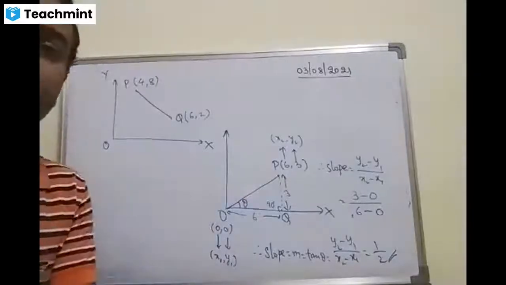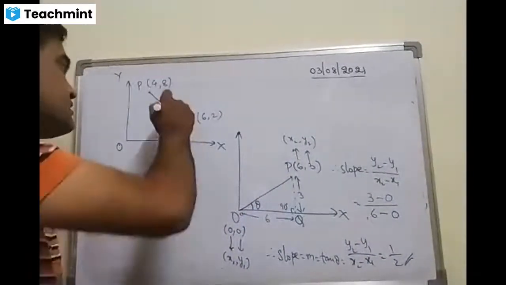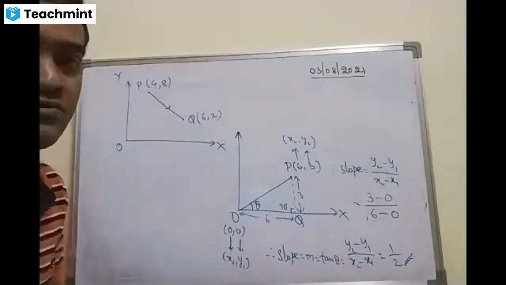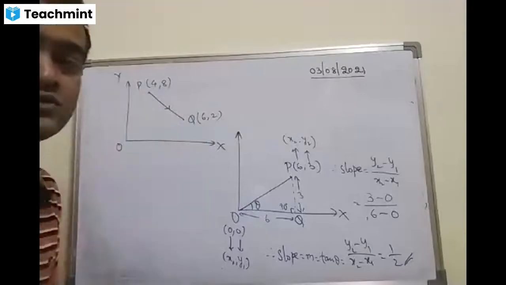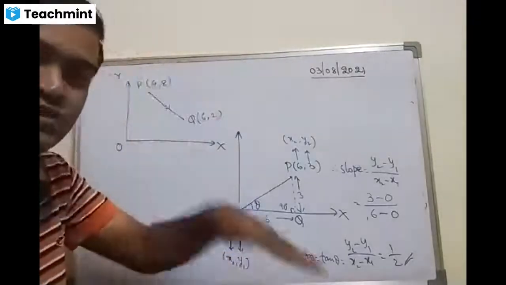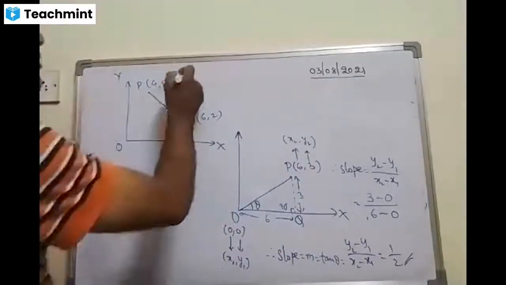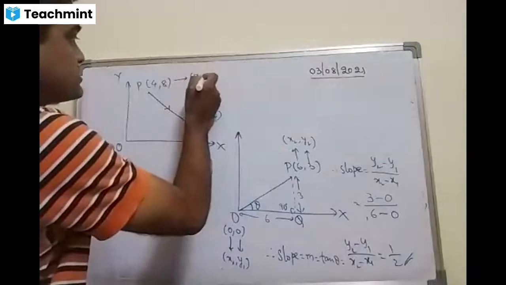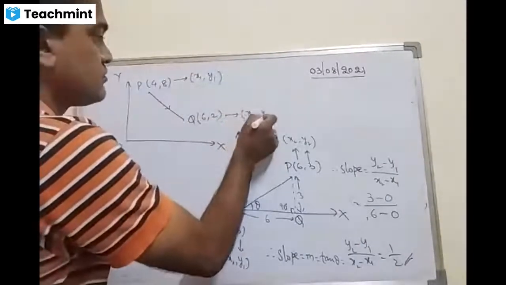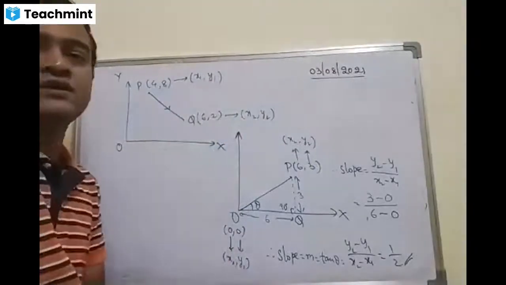Now, if I ask you to find out slope, here slope will be from P to Q, not from Q to P. This corresponds to x1 comma y1, and this corresponds to x2 comma y2, that is initial coordinates, final coordinates.